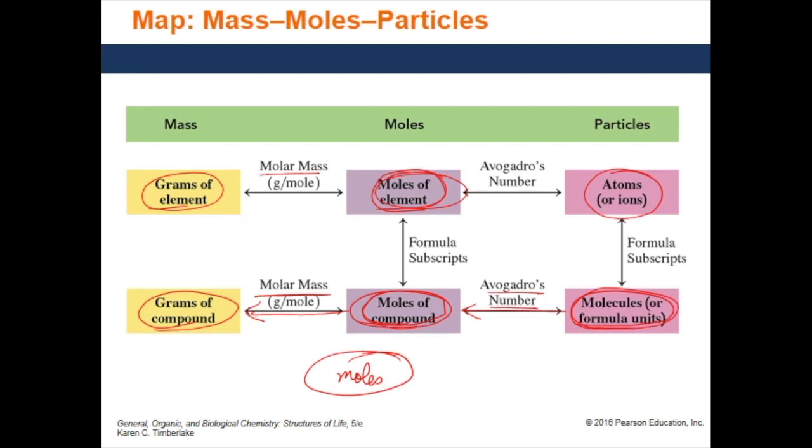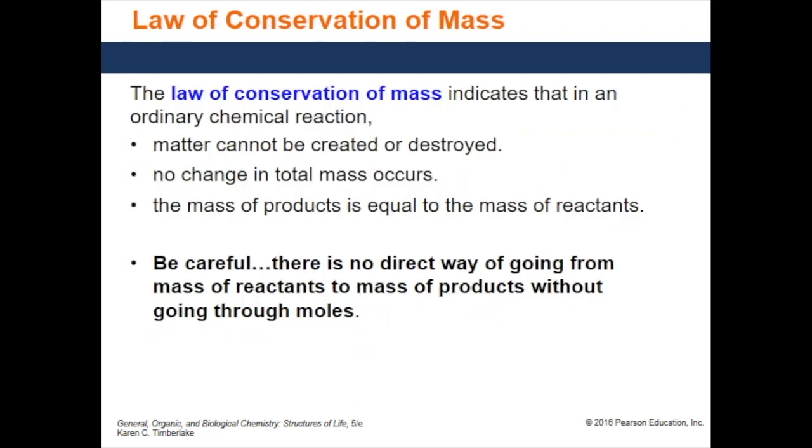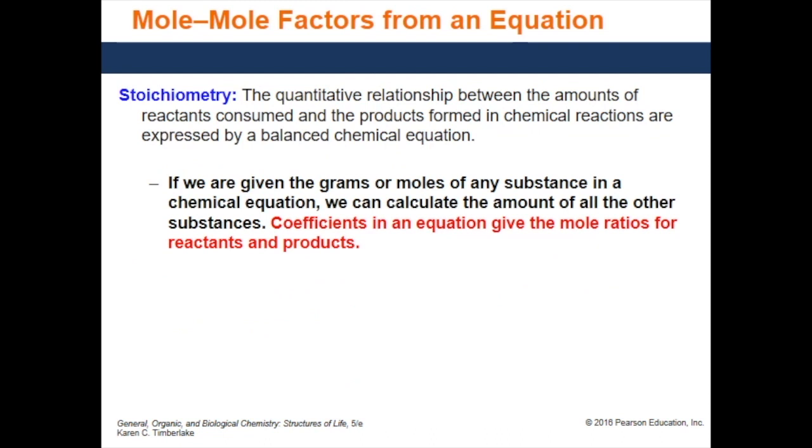Okay, all right. So let's talk about another concept, which is called stoichiometry. You know that a lot of these chemical reactions are important for us because we can perform them in industry to produce a certain amount of products, right?